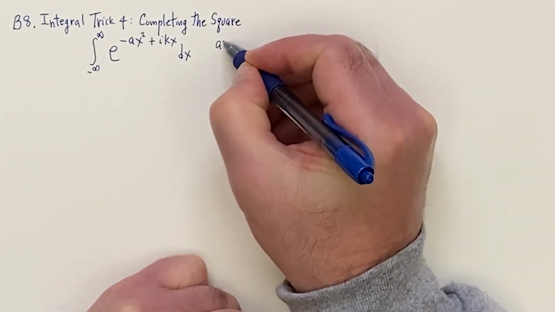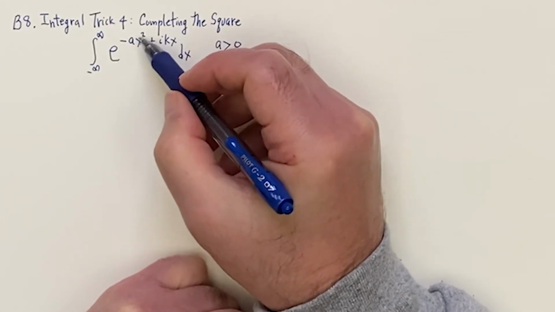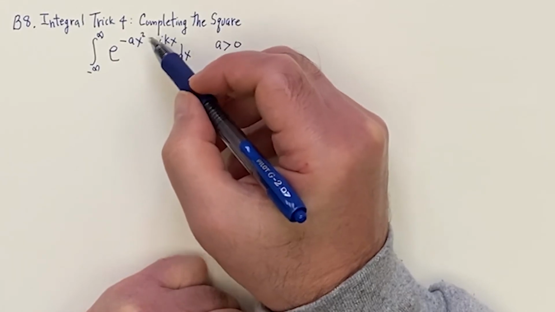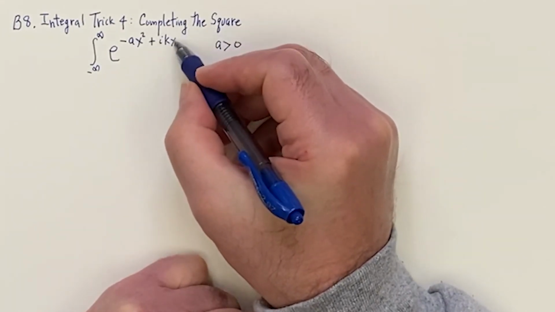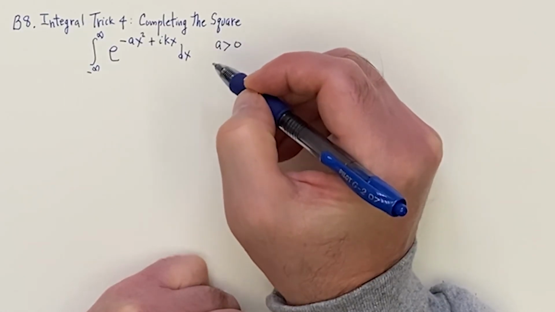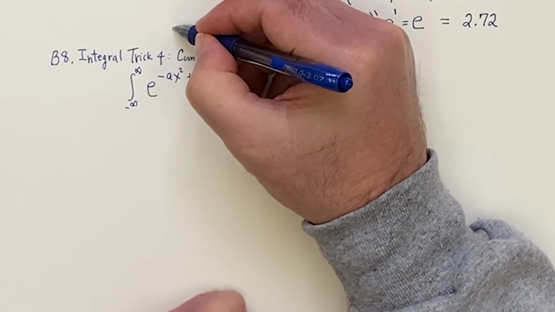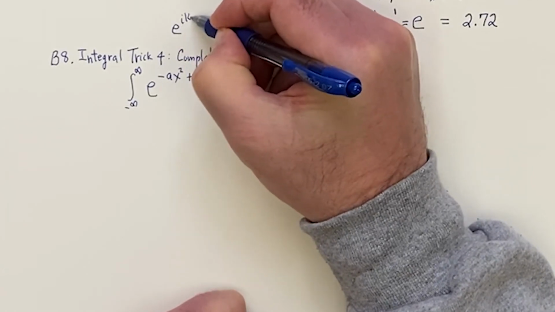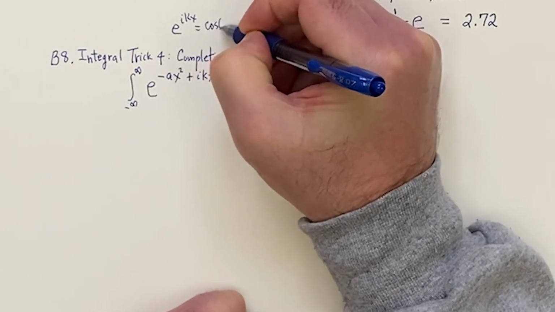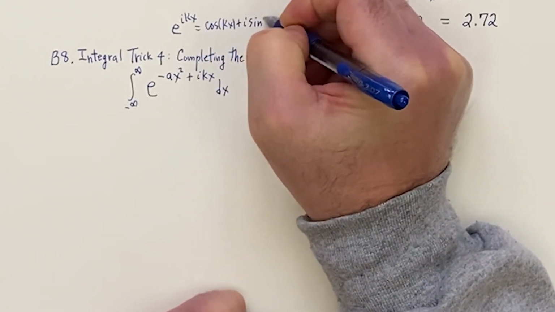Note that a has to be greater than 0 here, so that the minus sign ensures that we have bounded situations. The x here, if it's positive, is not really a problem, because here if you have e to the ikx, that's going to get you cosine kx plus i sine kx.